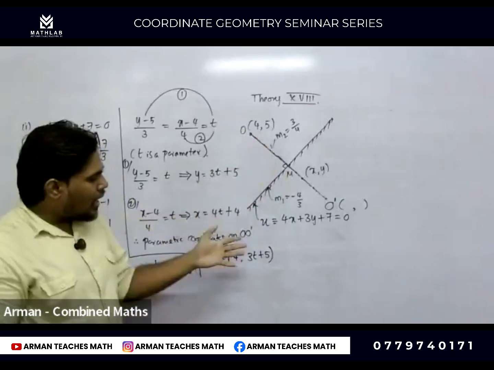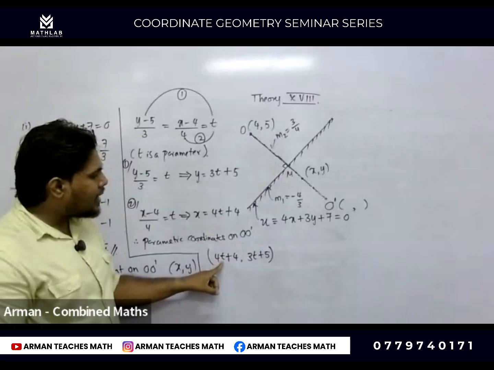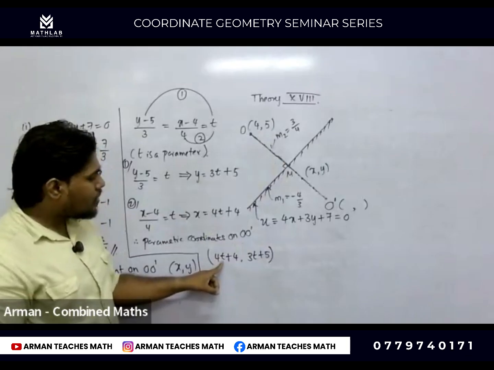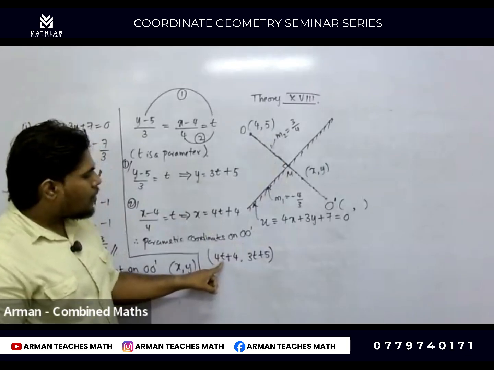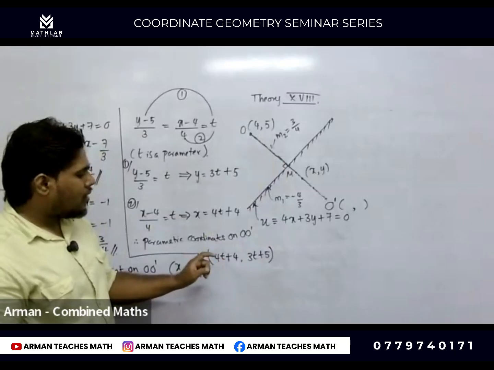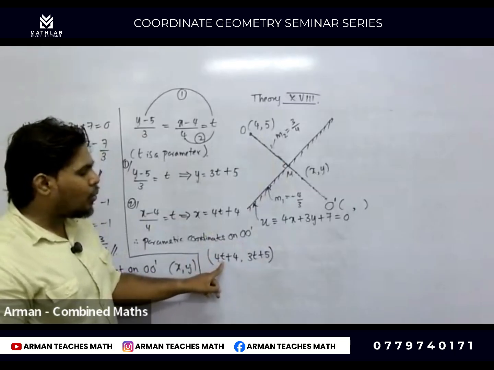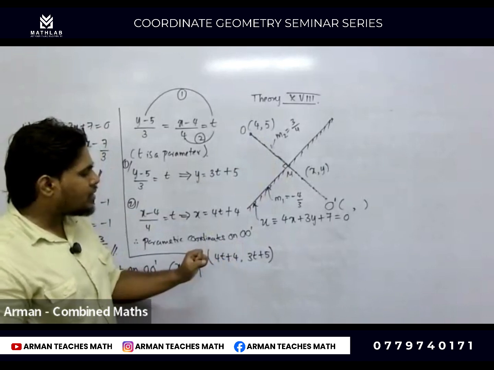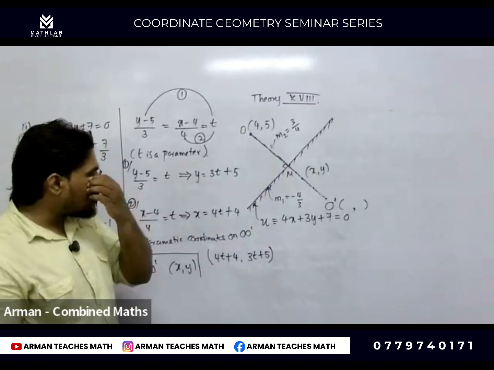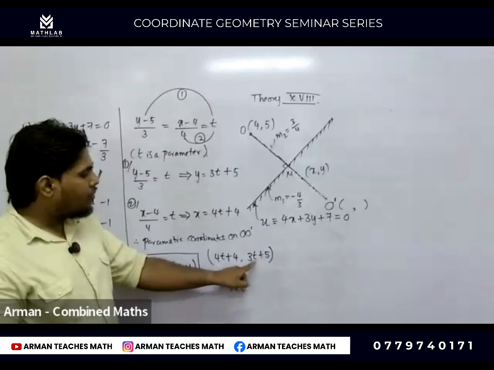Like that, if you want, you can substitute t equals 0.5, half. So it's going to be 4 times 0.5, 2. 2 plus 4 equals 6. 3 times 0.5 is going to be 1.5.